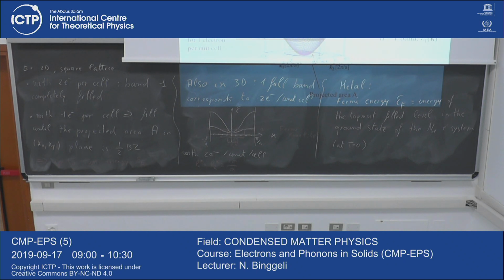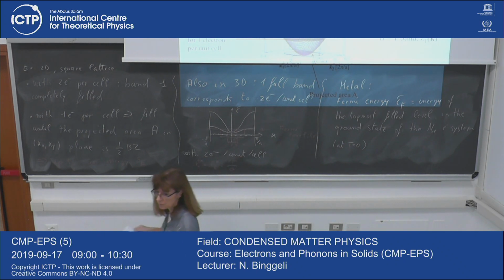So what one does normally is that one represents it along some high symmetry direction of the Brillouin zone. That's the best one can do.